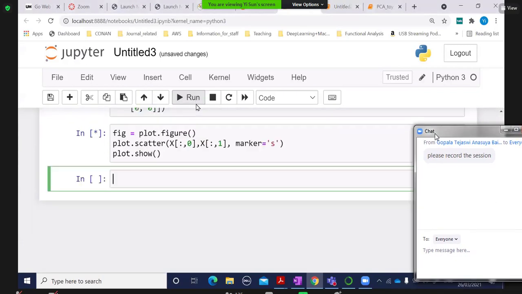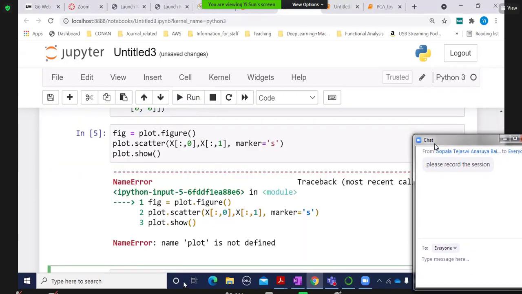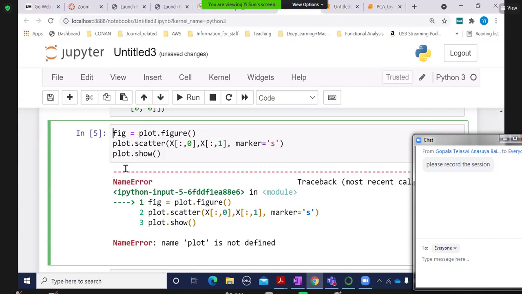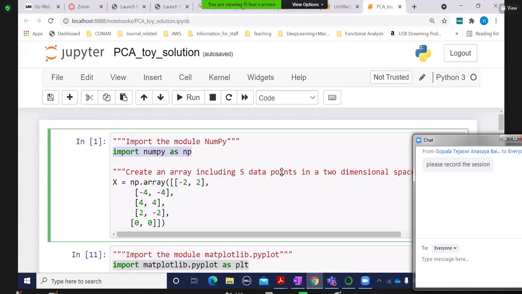So run it. This time I got an error message again. Plot is not defined. So I think by now you should know in Python, if you want to plot something, you need to import matplotlib, right? So that is why we import here.